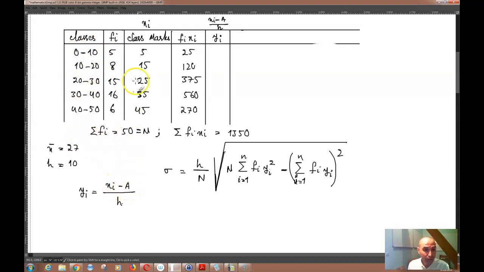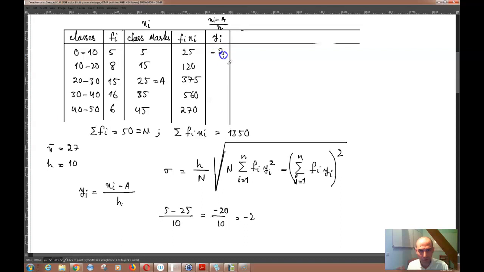So x(i) minus a is this column minus a, which is the assumed mean of your data. For example, I take this as the assumed mean of the data. 5 minus 25, divided by 10, is negative 20 divided by 10, which is equal to negative 2.